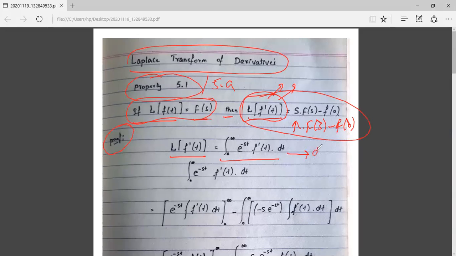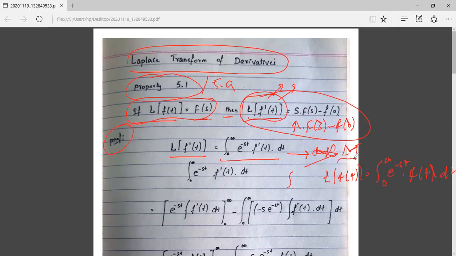According to our definition, Laplace transformation of f of t is equal to integration over 0 to infinity e to the power minus st into f of t into dt.